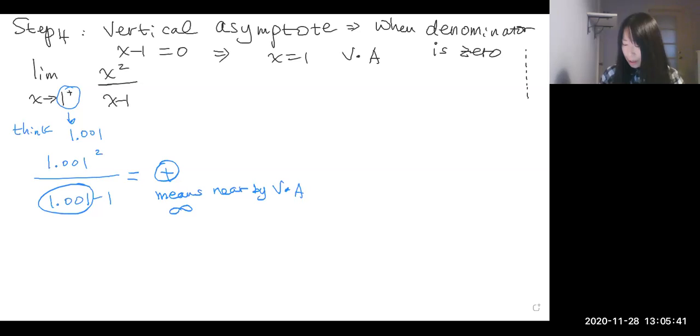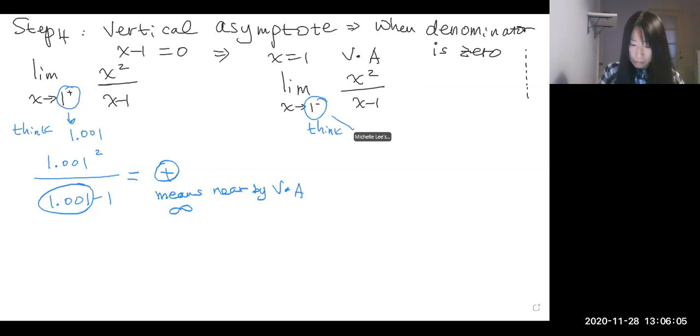Okay, let us check. Take the limit as x approaches 1 from the left of x squared over x - 1. Now 1 from the left means about 0.9999 or 0.999999, right?